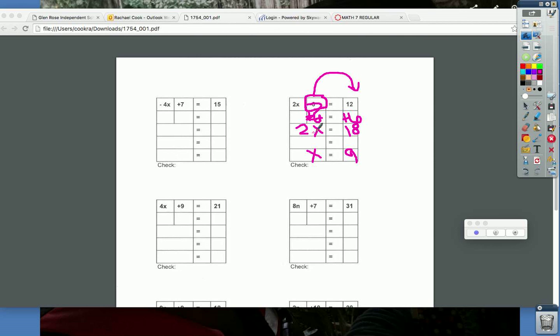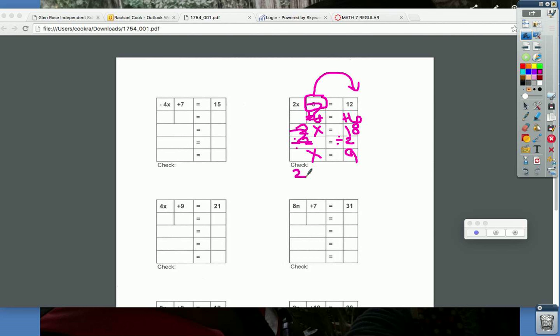So we're going to go back over to the side of our equation. We have 2 times x. So in order to undo the multiplication, we're going to perform the inverse, which is going to be divide by 2. And what we do to one side, we have to do to the other. So I have 18 divided by 2 gives us 9. This is going to cancel out. We're going to check again.